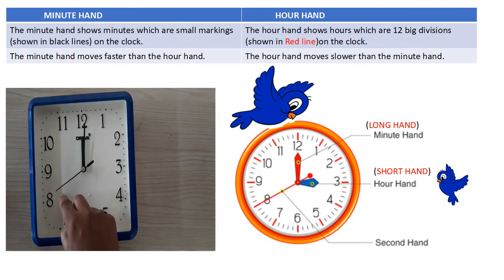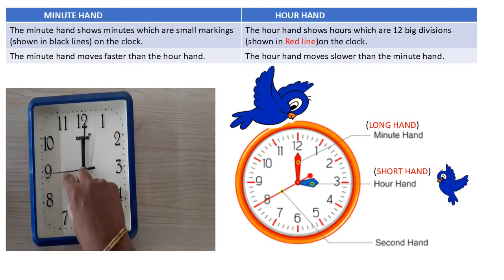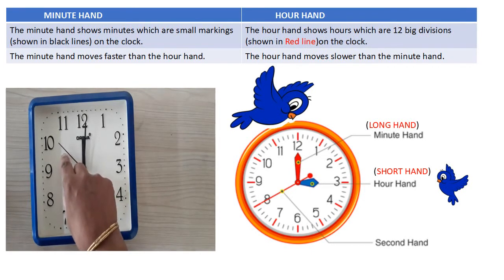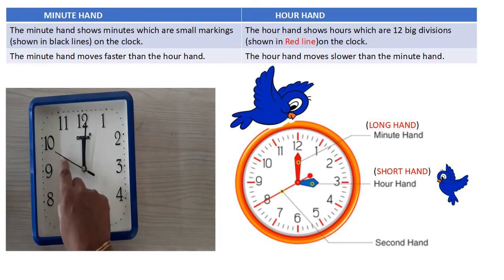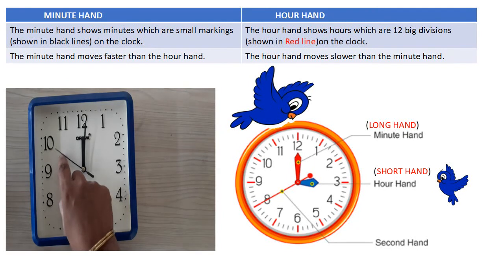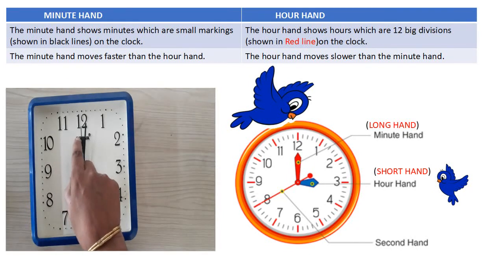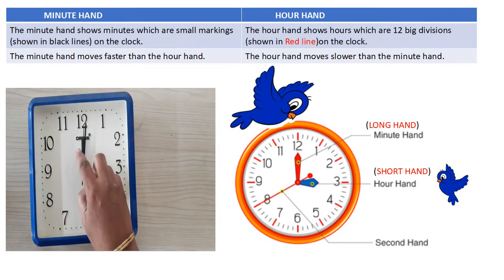So how many seconds has it moved? 8 5s are 40 seconds. Now if it moves up to here, then it has moved 10 5s are 50 seconds. Now if it comes back to its original place, that means it has covered 12 5s are 60.